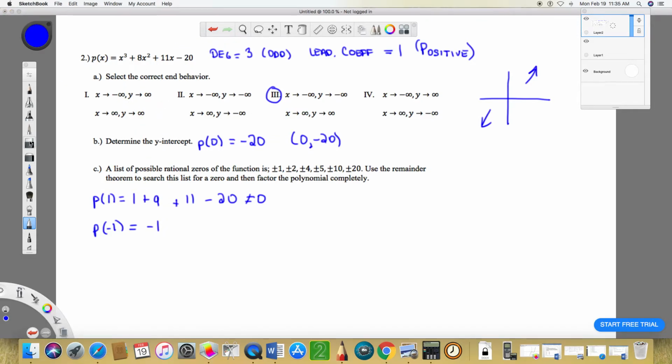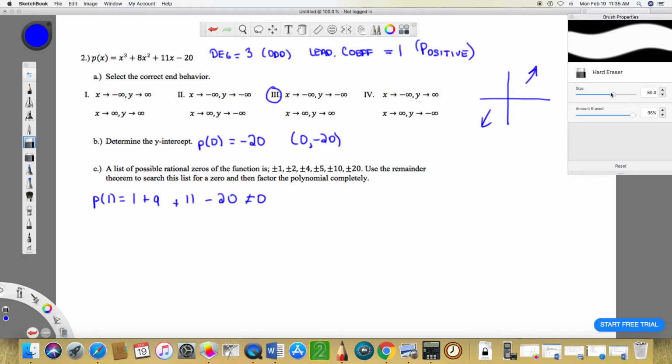Gosh, I must have added up the 1 plus 8. I don't know what I did. Take that back. 1 plus 8 plus 11, and hey, that is 0. So we got lucky that we found it right off the bat. You won't always get so lucky. It just happened to be that way.